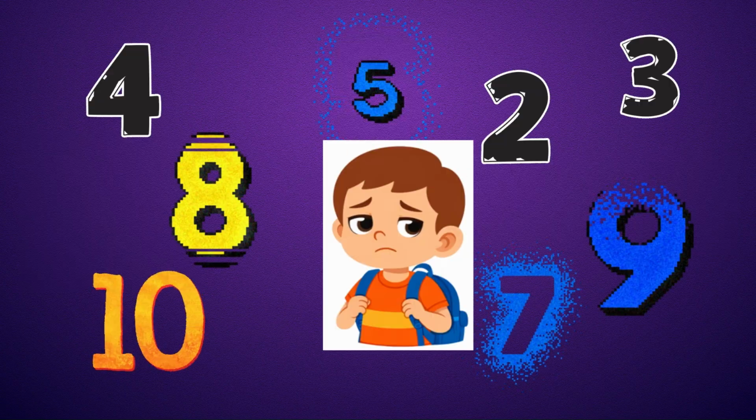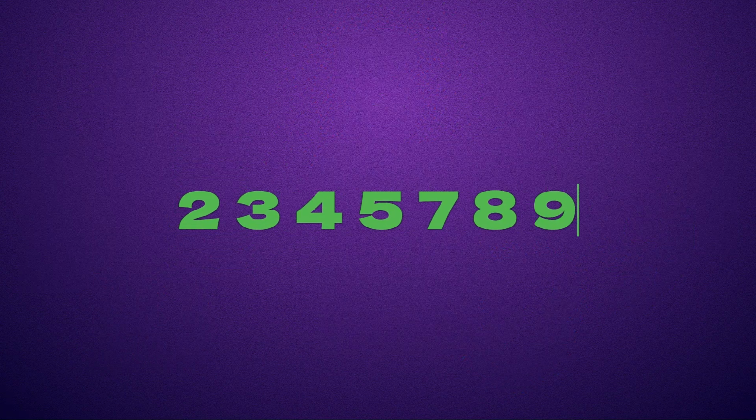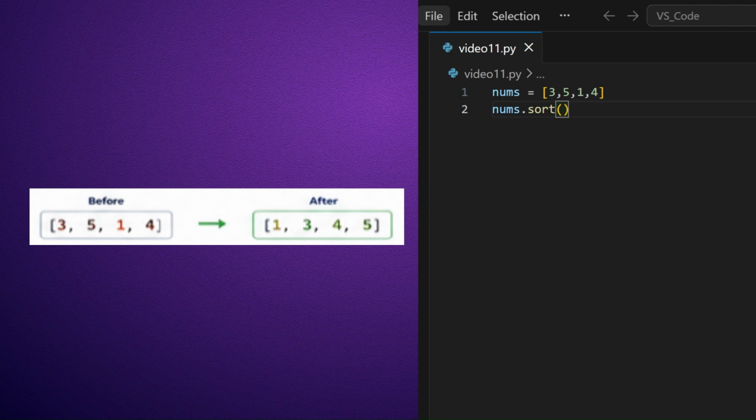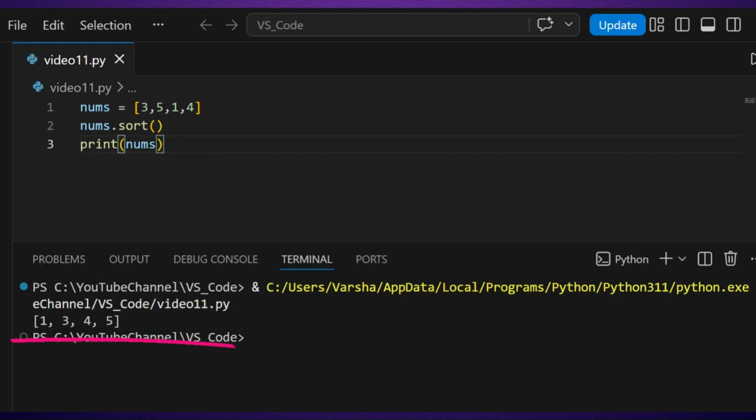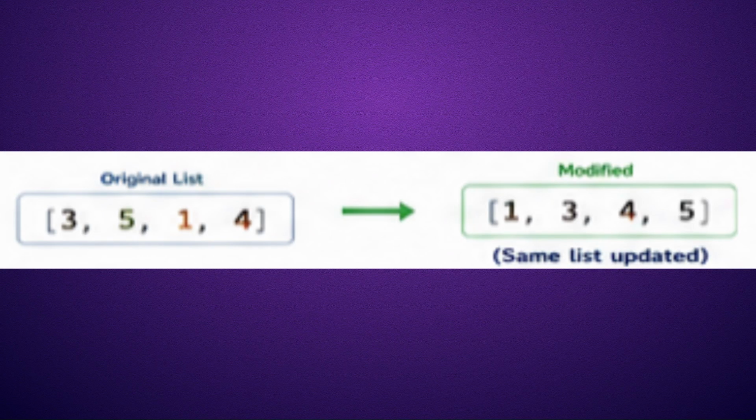Now, Alex wants the numbers to be arranged in order. Python provides the sort method. The sort method rearranges the list in ascending order by default. Important thing to remember, sort modifies the original list.